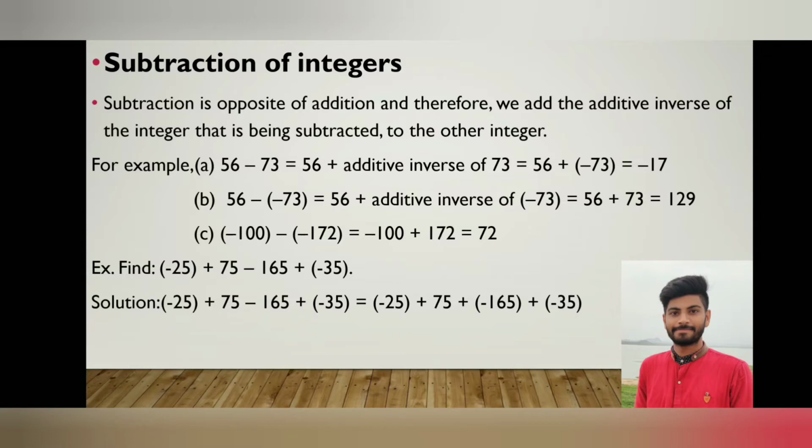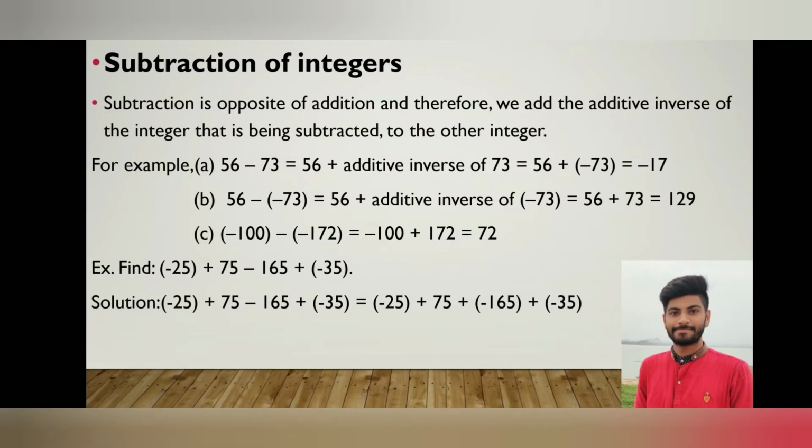Minus 25 plus 75 minus 165 plus minus 35. Minus 25 is as it is, plus 75 is as it is, but we will change the subtraction into addition, and then also we will put the additive inverse of the given number which is being subtracted.